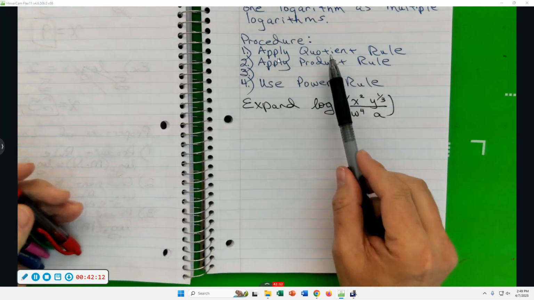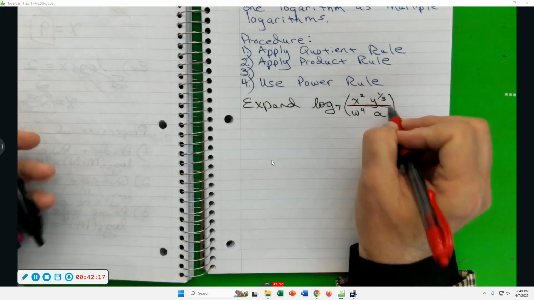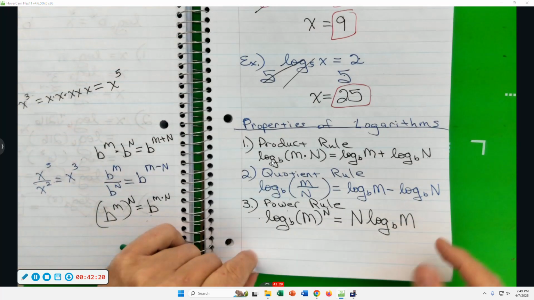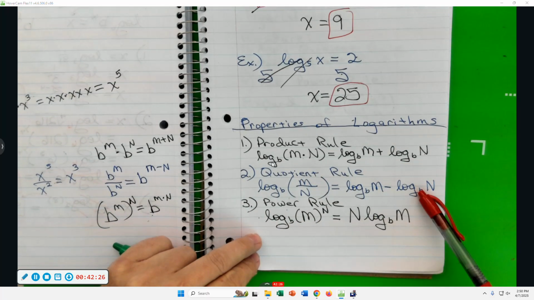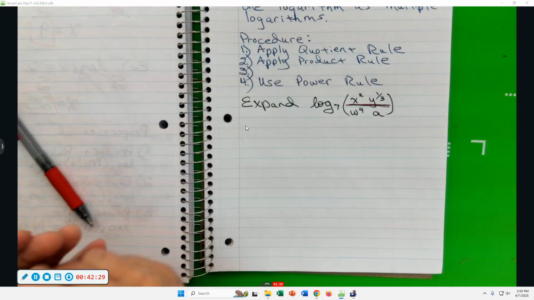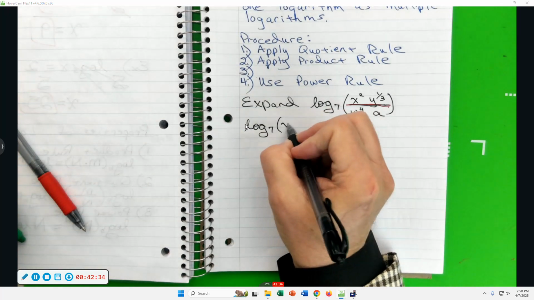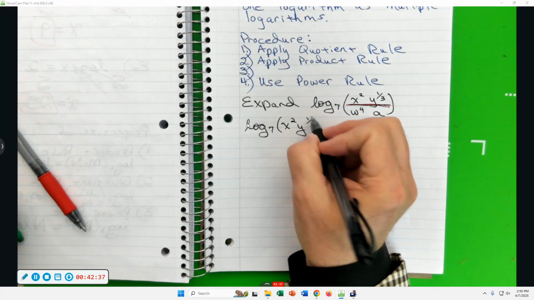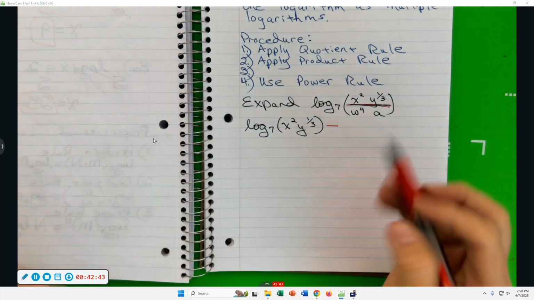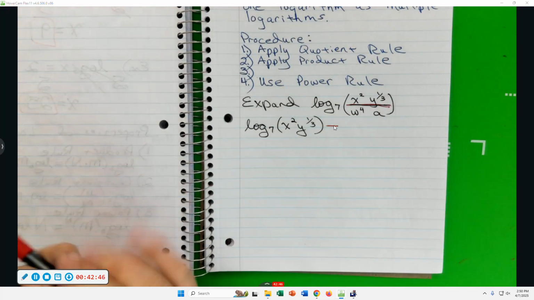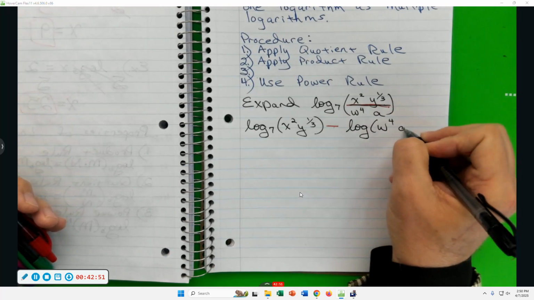Here we go. The first thing we're going to do is apply the quotient rule. The quotient rule says that the log of a fraction is equal to the log of the numerator minus the log of the denominator. So I'm going to write that as log base 7 of the numerator, x squared y to the 1/3, minus, that fraction bar becomes that minus there, the log of the denominator, w to the 4th times a.